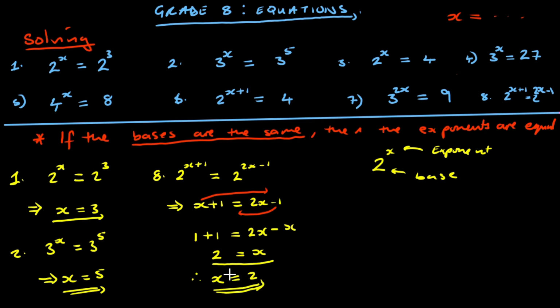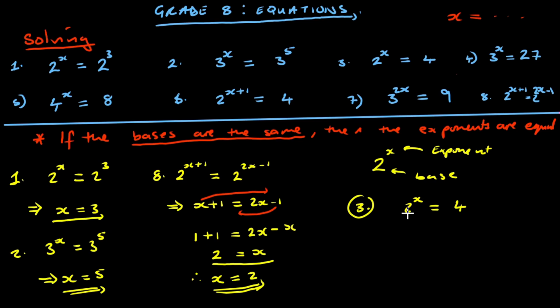Okay, let's have a look at number 3. 2 to the power x is equal to 4. Are the bases the same? They are not, so I have to try to make the bases look the same. Is there any way of writing this 4 so that this base will be equal to that base?